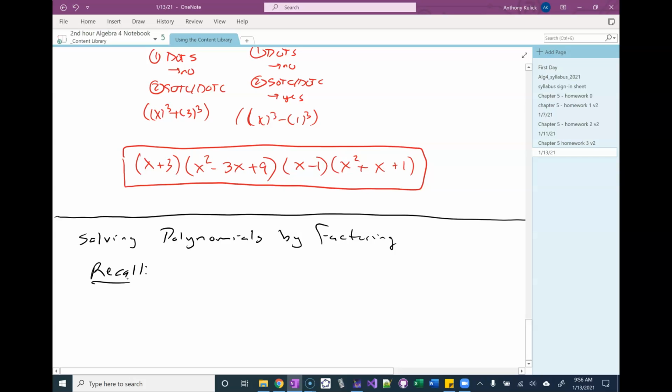And the tool that we'll use to do this is that zero product property that we talked about in chapter 4. And the zero product property says that if we have two things multiplied together that give us 0, one of those two things has to be 0.